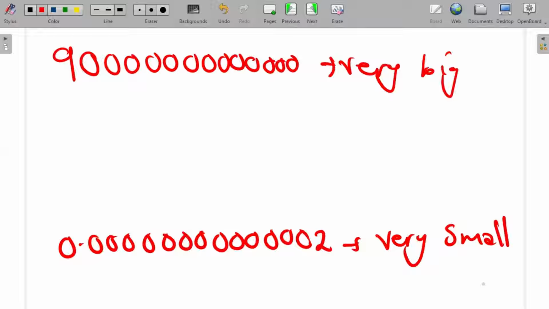So how do you document such numbers, or how do you handle such numbers in physics or in science? Anyone who has an idea? Because you're also going to learn about the same things in chemistry. How do we deal with such numbers?